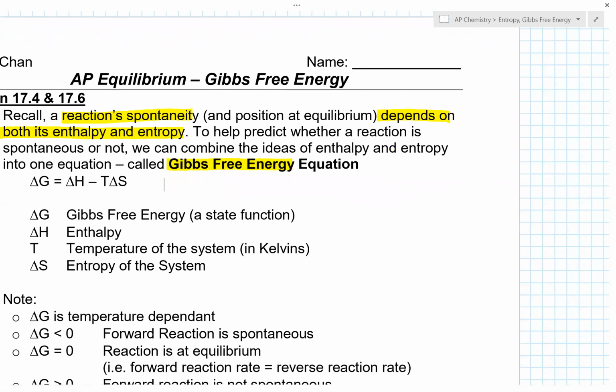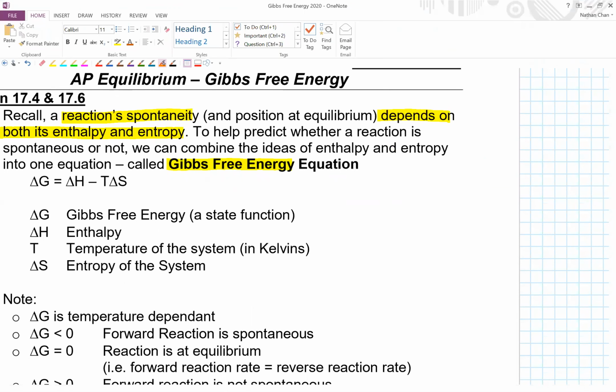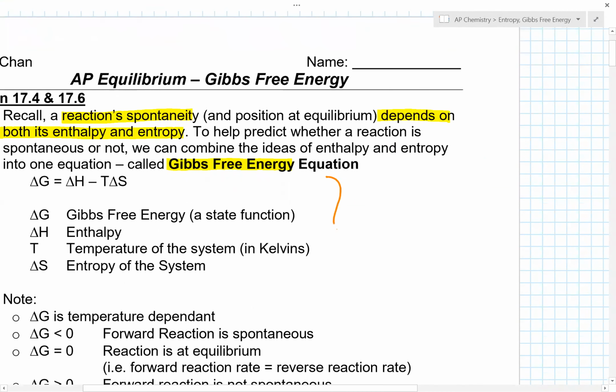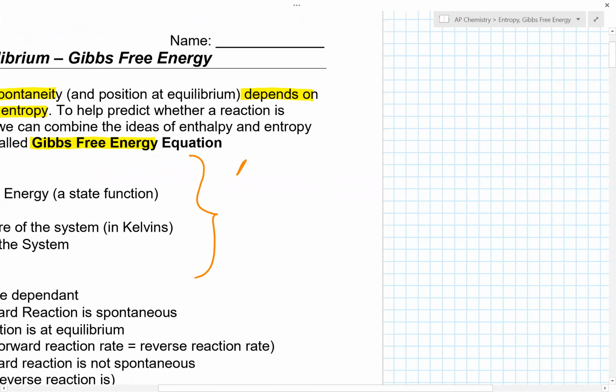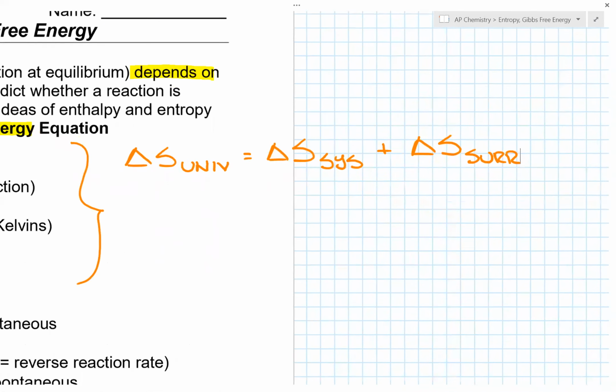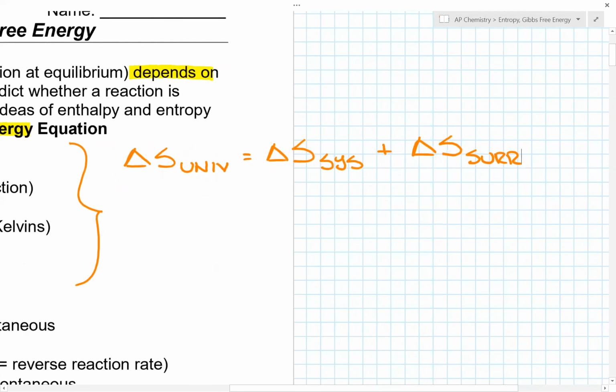Now, how does this relate back to entropy? This equation is actually based on the equation, recall, delta S of the universe is equal to delta S of the system plus the delta S of the surroundings. And remember, we said that if delta S of the universe is positive, the reaction is spontaneous.